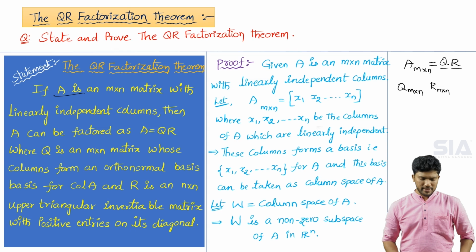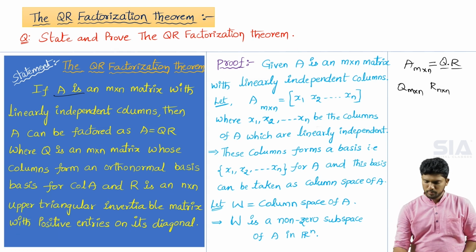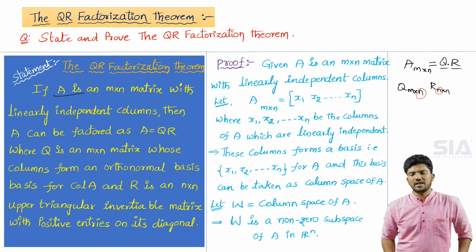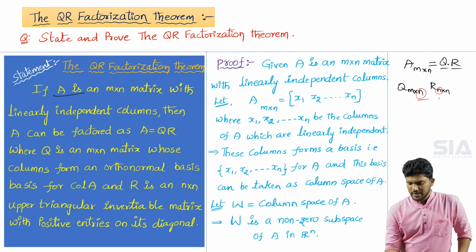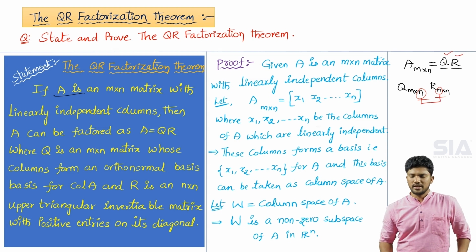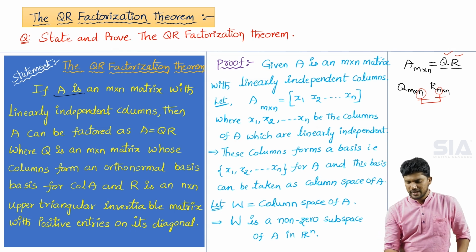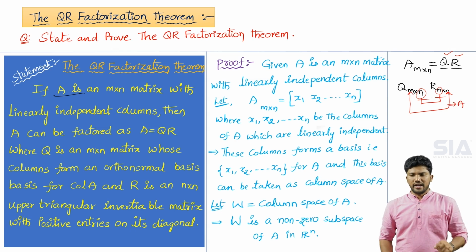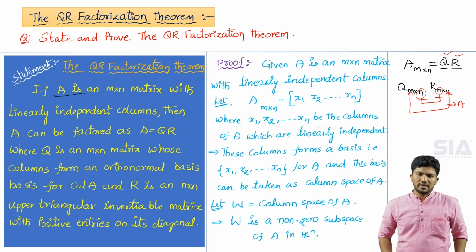Here you can observe the property that the number of columns of Q equals the number of rows of R. Then we can apply the product, and only then can we obtain Q into R. The resultant matrix on the LHS, that is capital A, has m by n order. To apply the multiplication for Q and R, the number of columns of Q must equal the number of rows in capital R.